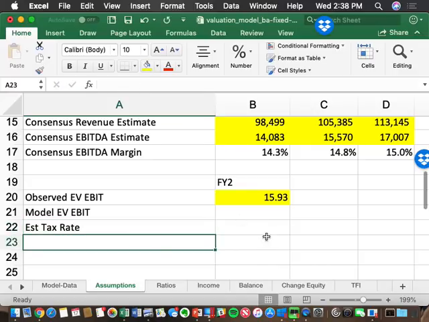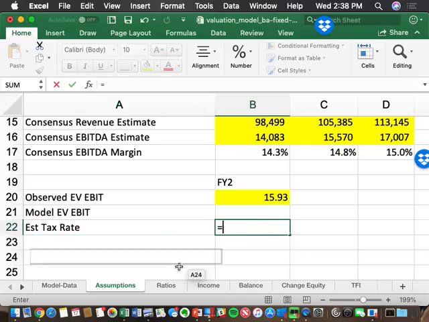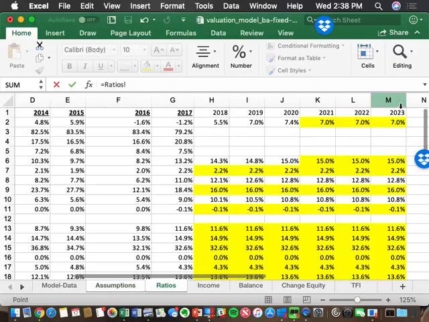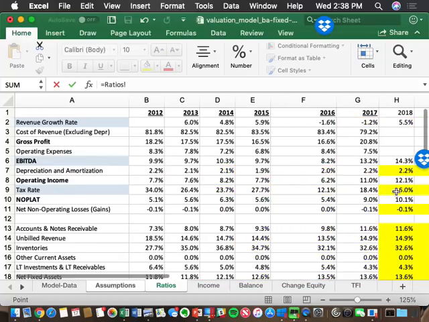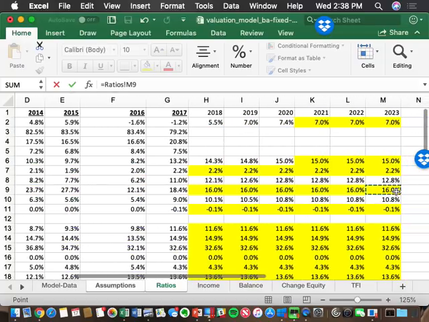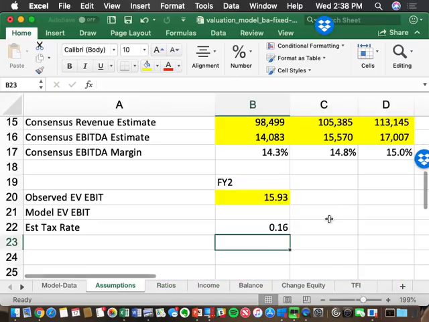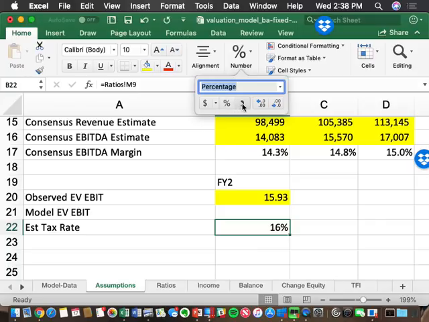Well, here's the thing. I'm already calculating an estimated tax rate in the ratios in perpetuity, which is the 2023 tax rate, which is M9, I believe, is tax. So M9 off of ratios is my tax rate. So I'm not changing it. I'm just putting it all in one place so you can see where all the data points are coming from. It's already in the model being forecasted.